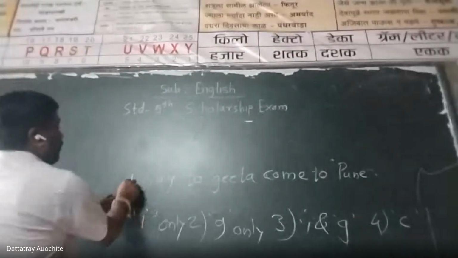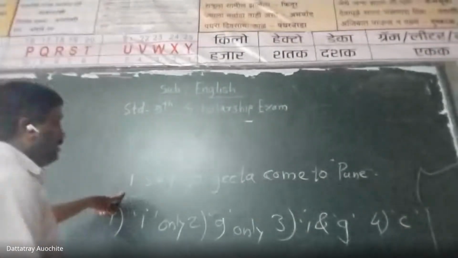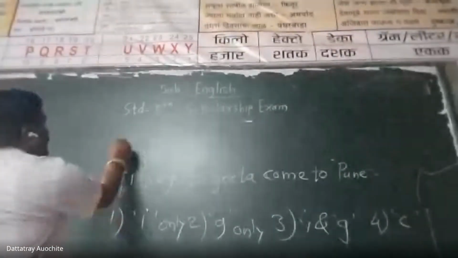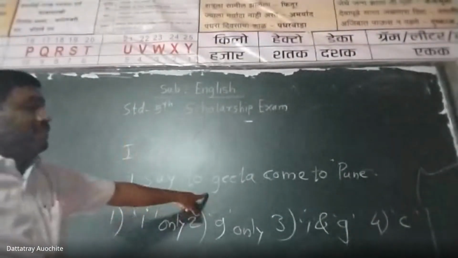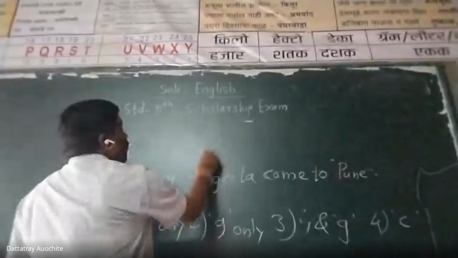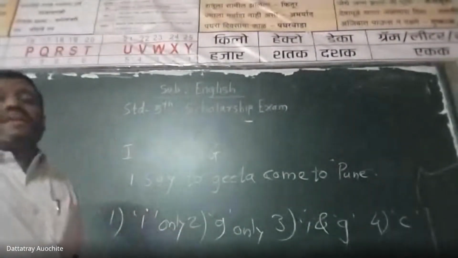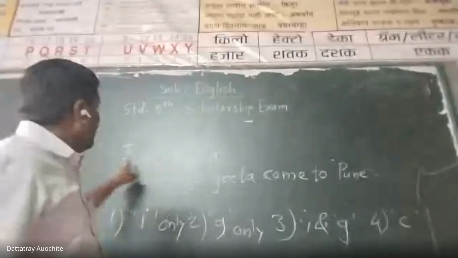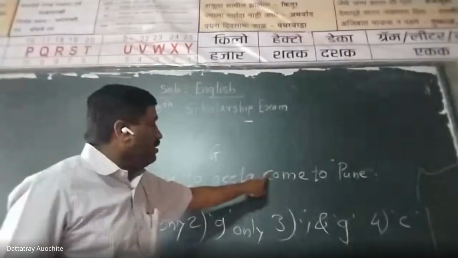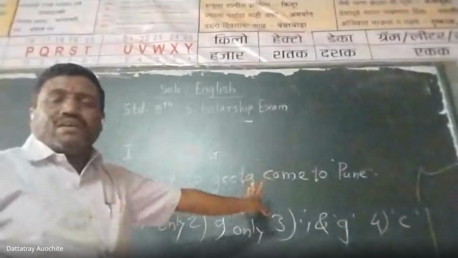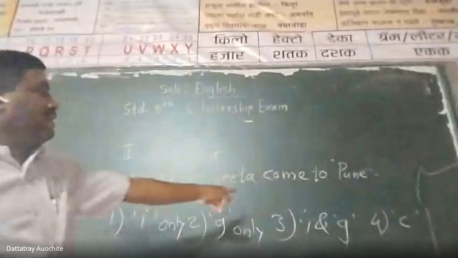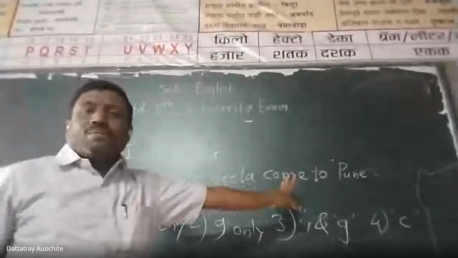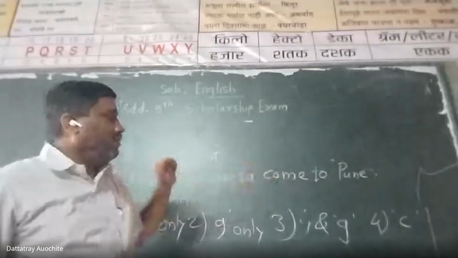Look at the word I. We know that it should be written in capital, and Geeta is a proper noun. It should begin with a capital. So letter I and letter G. Come is the verb. It does not need to begin with a capital letter, so it is correct.